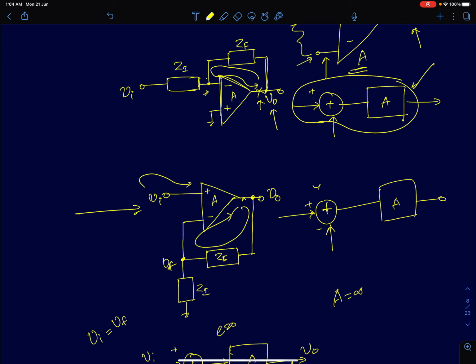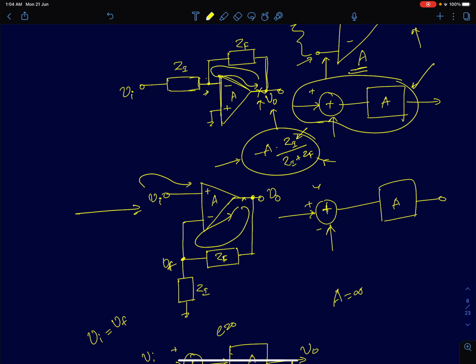Instantly you will see that the loop gain will be minus of A into Zi by Zi plus Zf. So this is going to be negative. Right now I'll assume the impedances here are pure resistors. Then it's going to be negative, and the feedback will be a negative feedback.